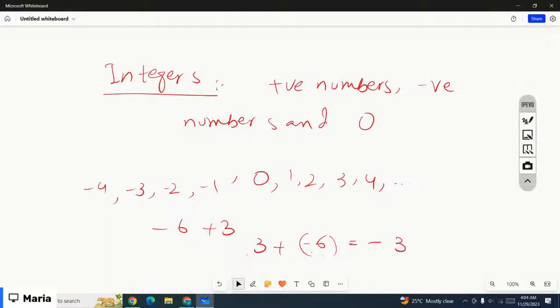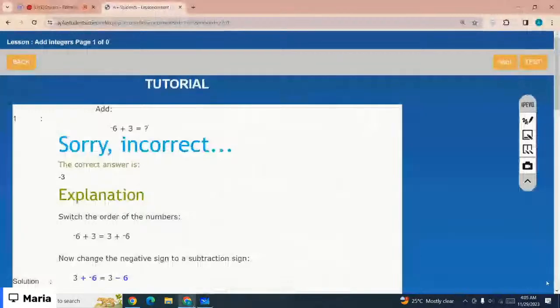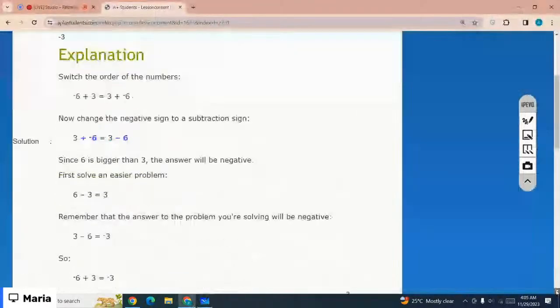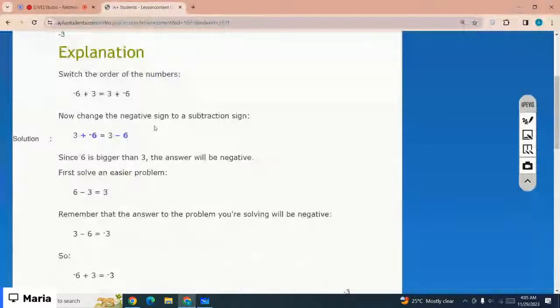That is a rule. So 3 plus negative 6 equals negative 3, right? Now change the plus negative sign to a subtraction sign. Since 6 is greater than 3, the answer must be negative. So 3 minus 6 equals negative 3. You have to subtract, and the answer must have a negative sign, right?